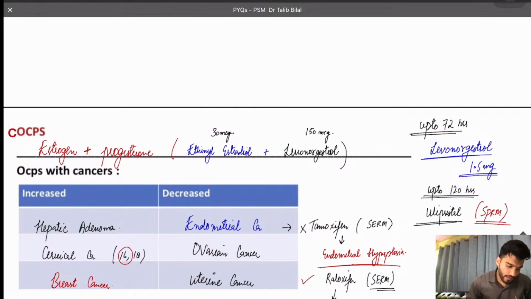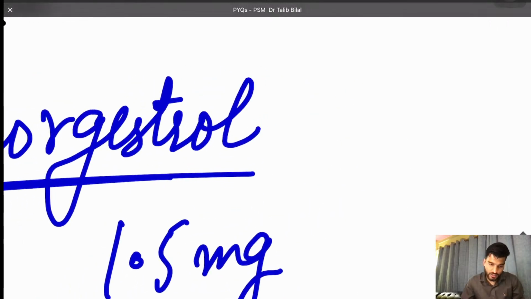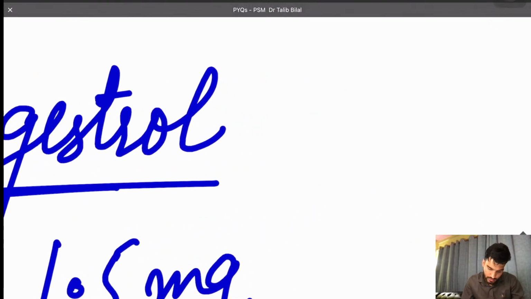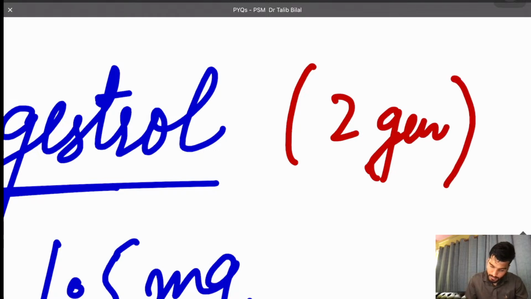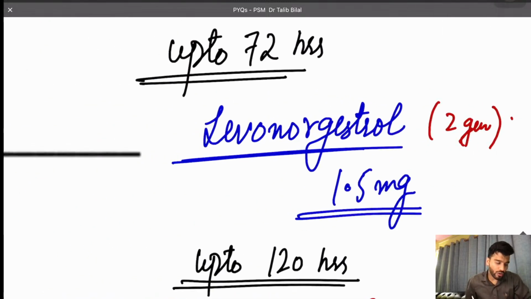Is this clear? Arina says third generation. No, levonorgestrel belongs to second generation. Levonorgestrel and norgestrel, second generation. Remember that. Third generation, we have desogestrel, etonogestrel, norgestimate, that all belongs to third. And nestorone to fourth generation.